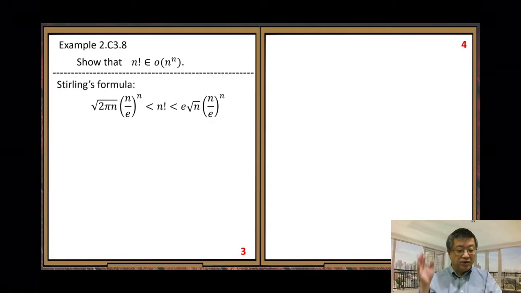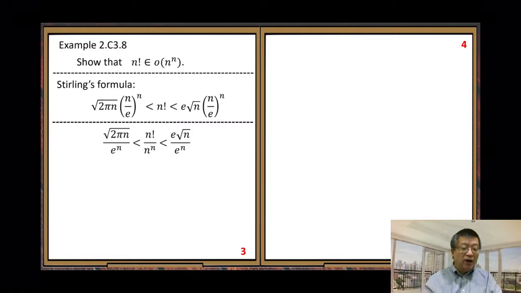All right, let's continue our discussion. This time we use this inequality version of the Stirling formula. After we use this formula, look at our destination expression, the ratio n factorial over n to the nth.